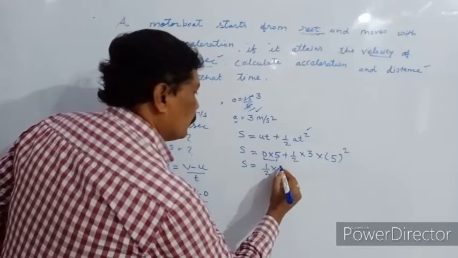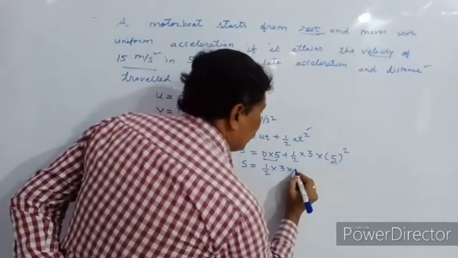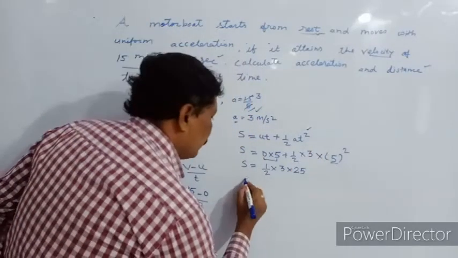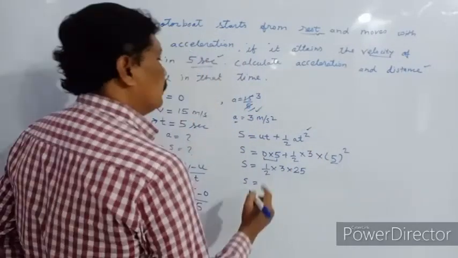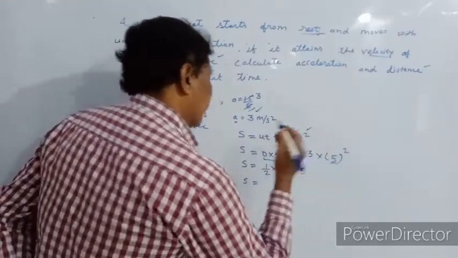Half into 3 into 5 fives are 25. s is equal to 3 into 25 by 2. 25 threes are 75.